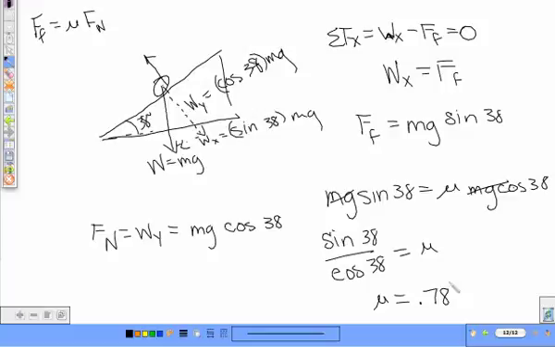The roof of a house rises 1 meter over a horizontal distance of 1.5 meters. A 71 kilogram roofer stands on the roof. Is the frictional force that keeps the roofer from slipping equal in magnitude to Wx or Wy?